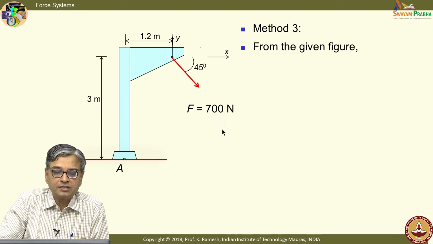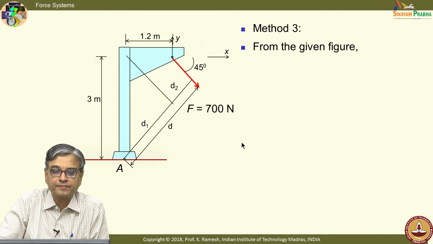And how do I do this? I have the distance d from point A to the force, and I can split this distance as d1 and d2. From this triangle I can find out d1, and from this triangle I can find out d2.